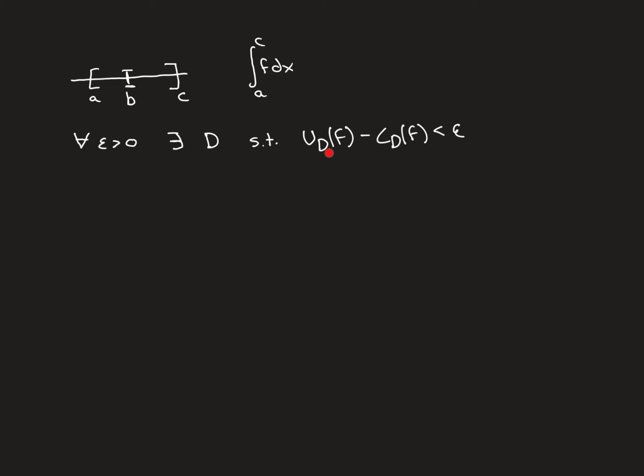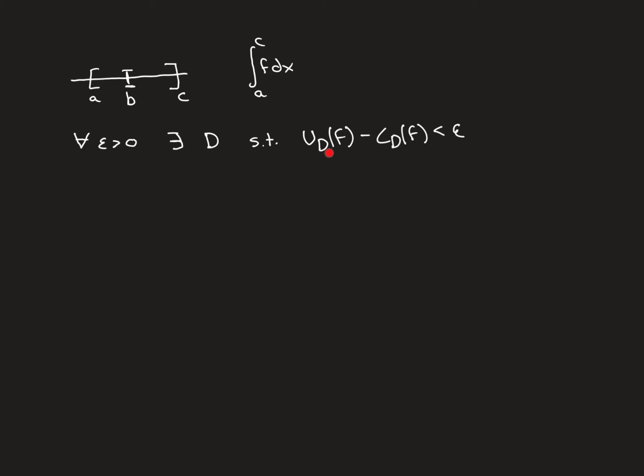So surely we could use the fact that the larger upper and lower Riemann sums over the entire interval, that the difference between them is less than epsilon, to get some information about what the upper and lower Riemann sums restricted just to this subinterval are, what the difference between them is going to be. So that's our plan.